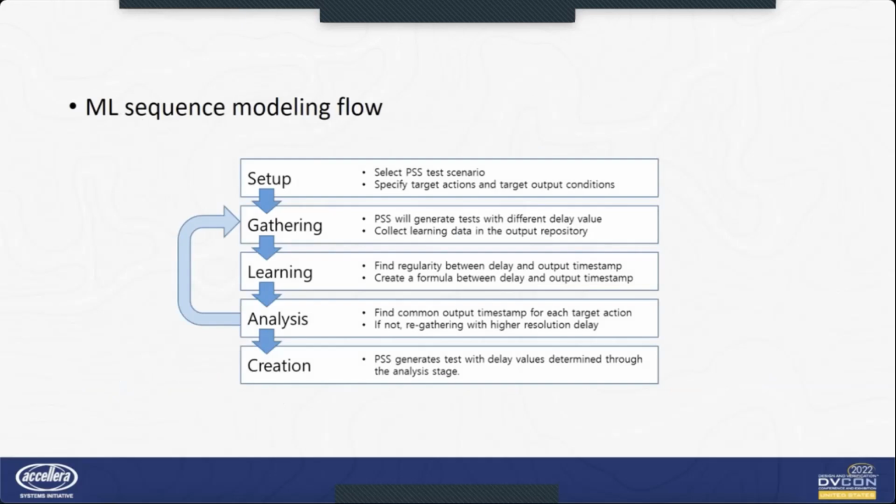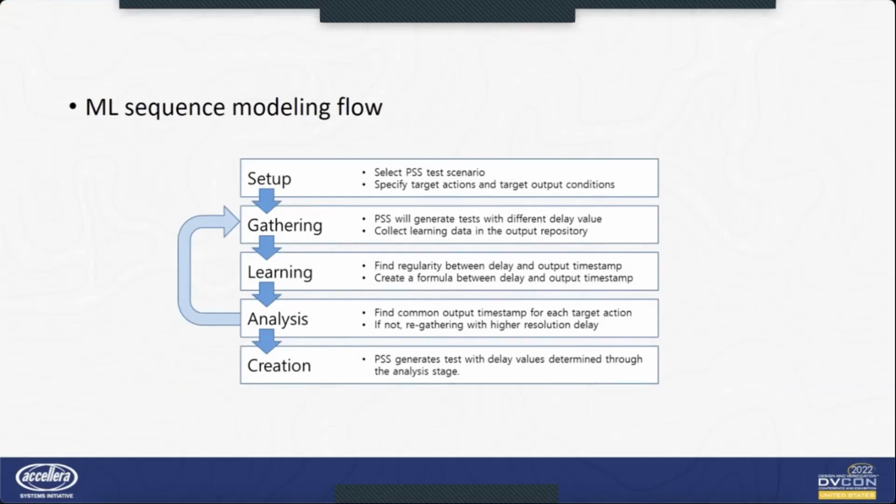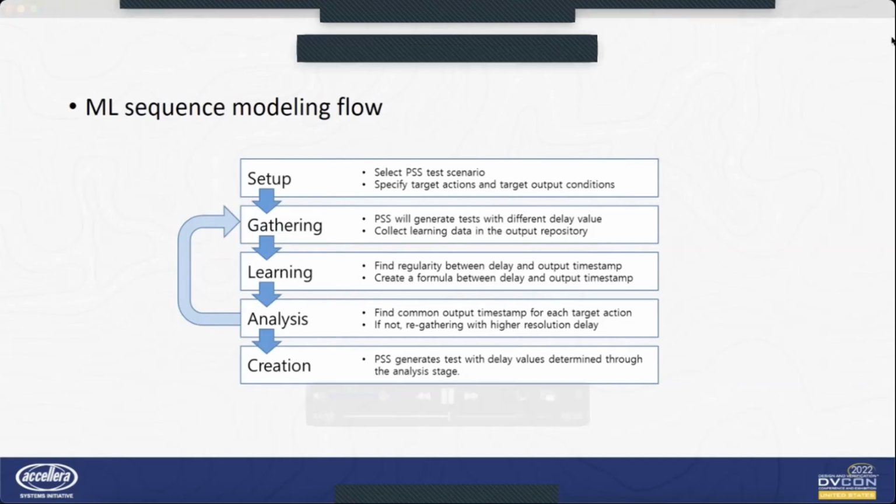Learning data is collected through setup and gathering stages, and the regularity of the collected learning data is found in the learning stage. And in the analysis stage, it verifies whether the predicted result is correct through learning, and if it is wrong, the learning is repeated with new data.